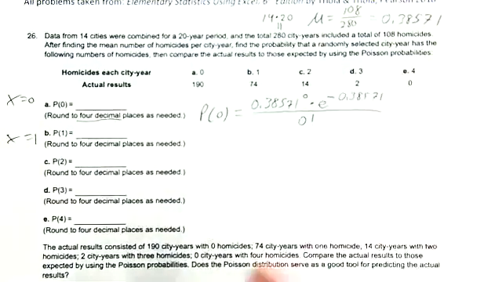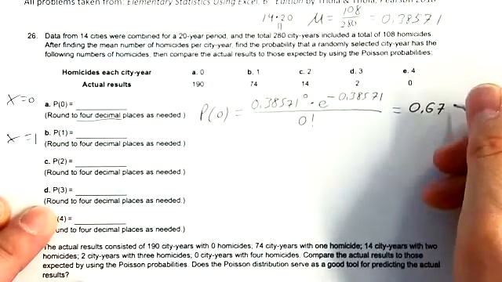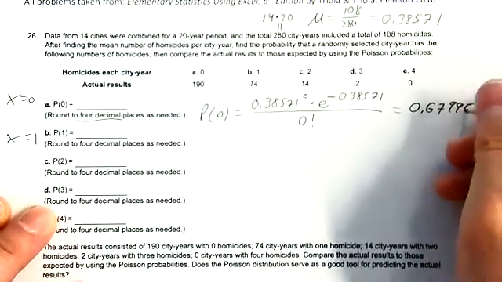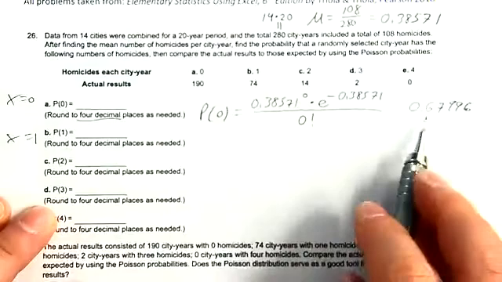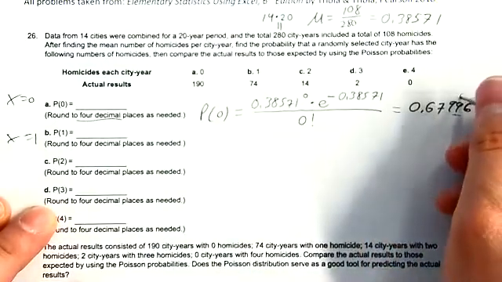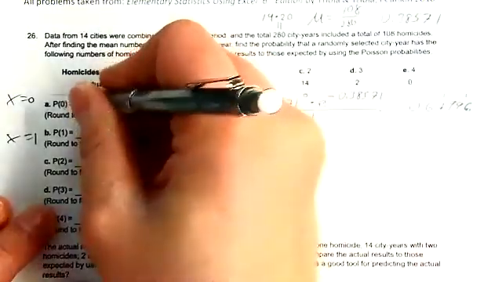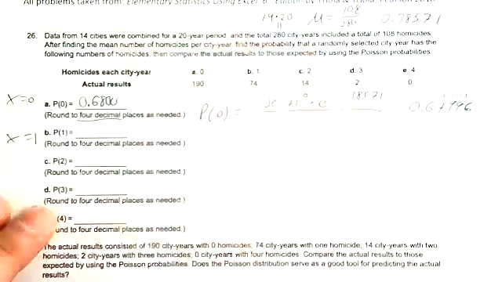And if you do this, you will get 0.67996. So to 4 decimals, this is one of those rare cases where this turns into a 0, and this turns into a 0, and this turns into an 8. So it'd be 0.6800.